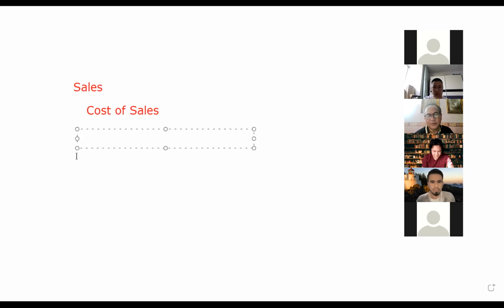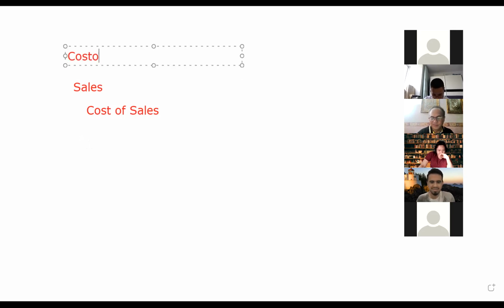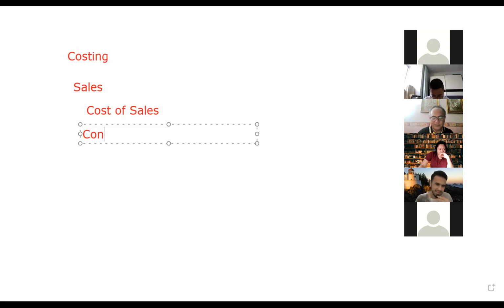This is called costing. When you do costing, sales minus cost of sales, what you get here is the contribution margin. Anybody taken the subject costing before? So this is called contribution margin.